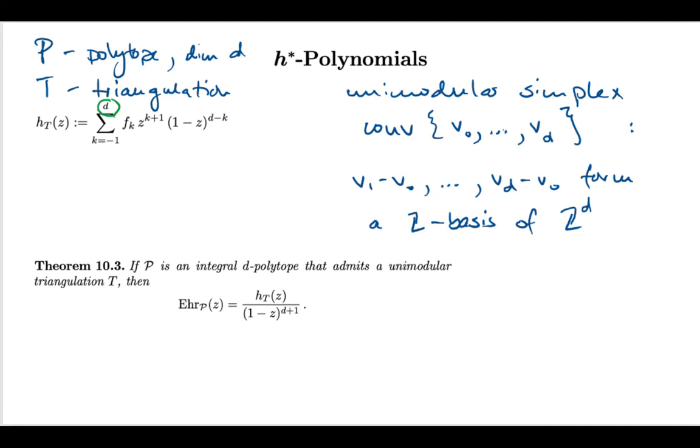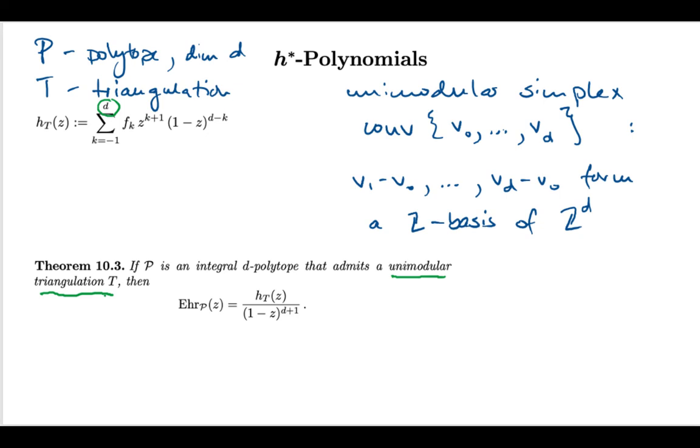Anyway, the theorem I wanted to show you is that if you now have an integral polytope that comes with a unimodular triangulation, a triangulation into unimodular simplices that we just defined, then this theorem 10.3 says that the Ehrhart series, which we know is a rational function with denominator 1 minus z to the d plus 1, has numerator equal to the h-polynomial of this triangulation.